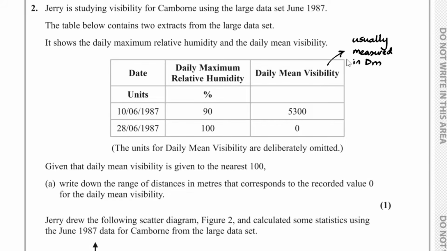Daily mean visibility is usually measured in decimeters, and just as a conversion, because we want to give our range of distances in meters, to convert from decimeters to meters, we multiply by 10.